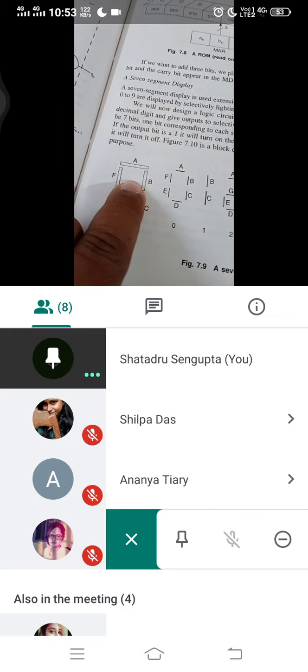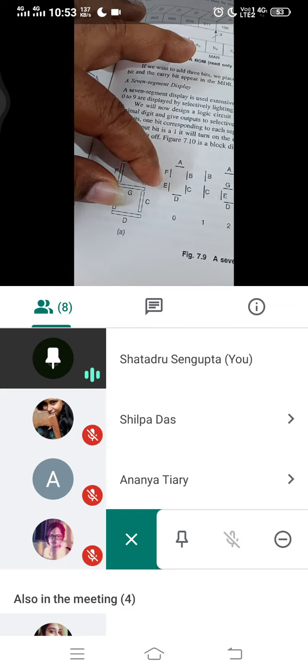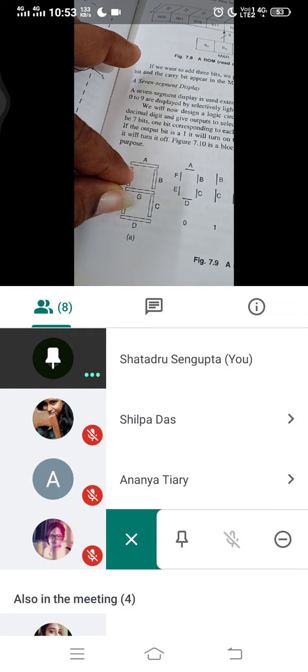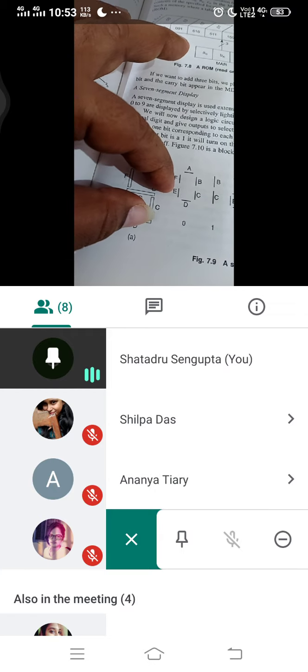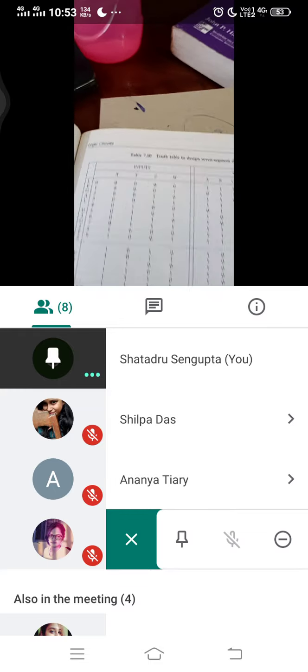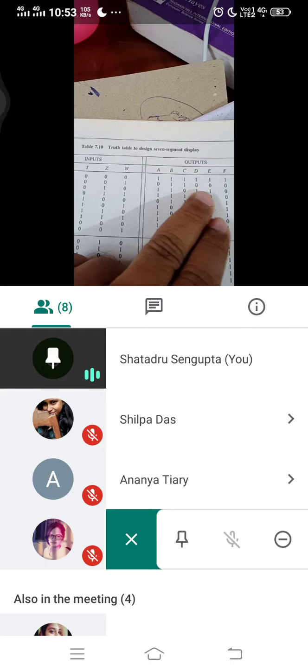This is 0, this is 1, this is 2, okay, this is 3, this is 4, like this it goes on. And this is given by, so we have this decoder, we get these outputs.